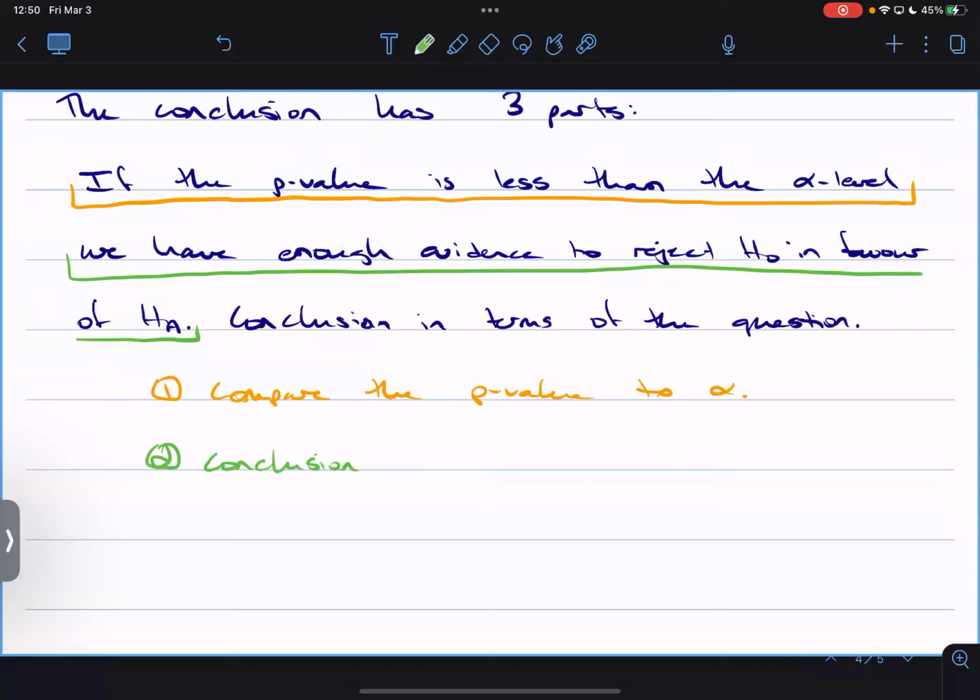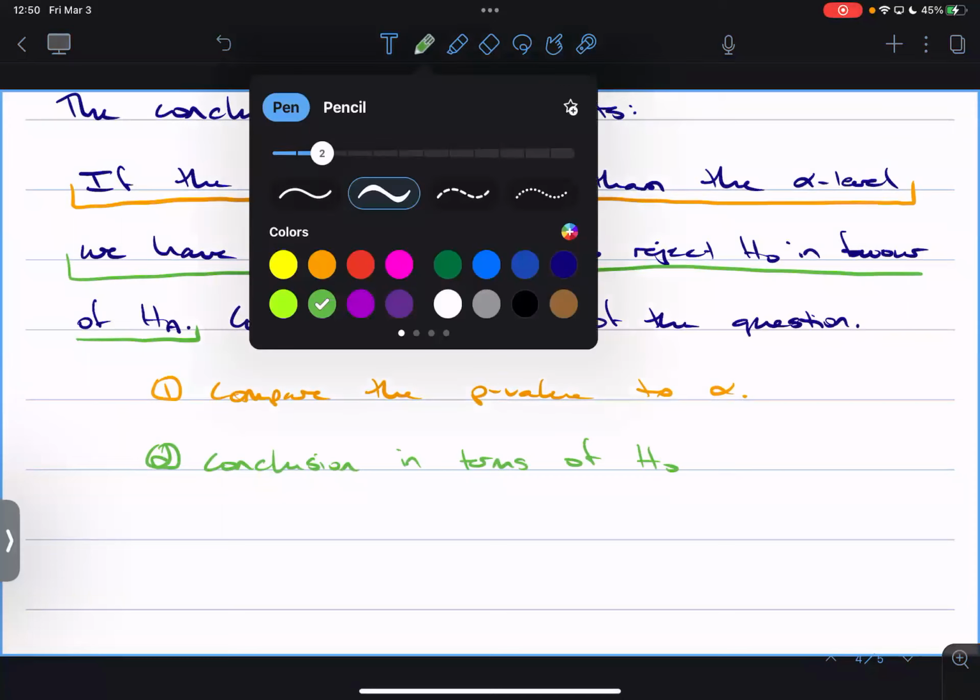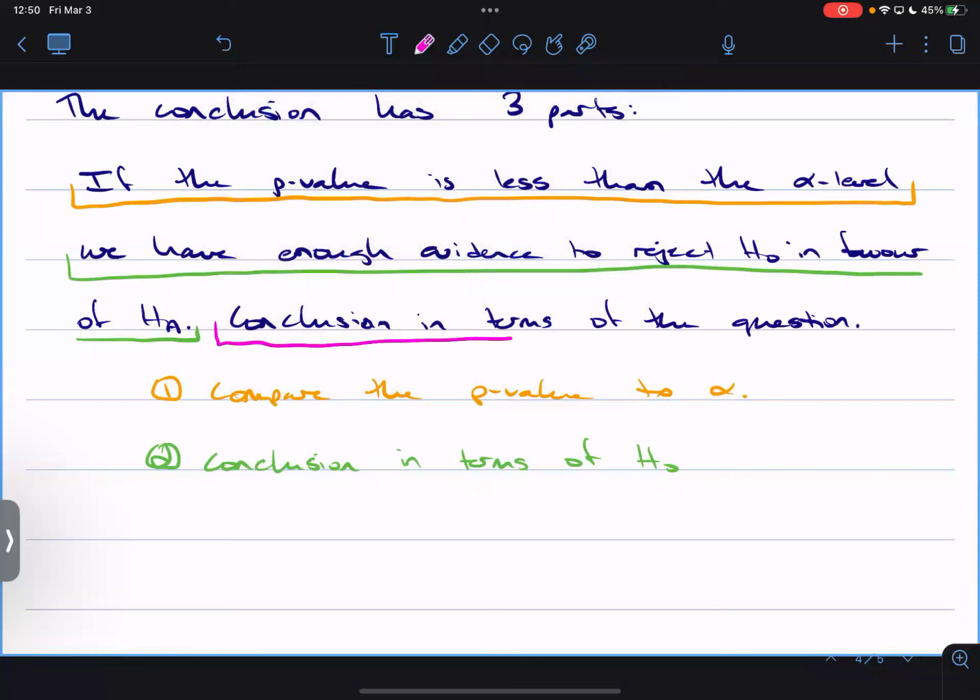So the conclusion in terms of H naught: you have enough evidence to reject it, or you do not have enough evidence to reject it. And then finally, the one that people love to forget, ironically, is what does that mean in terms of the question?